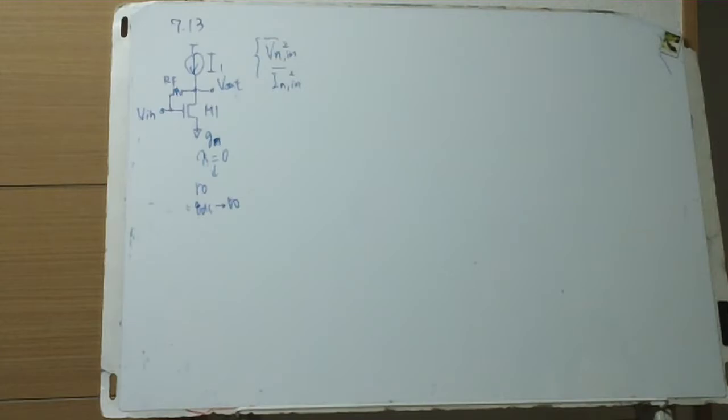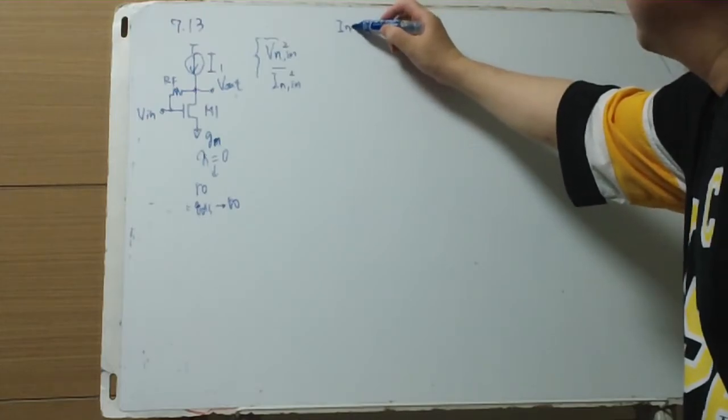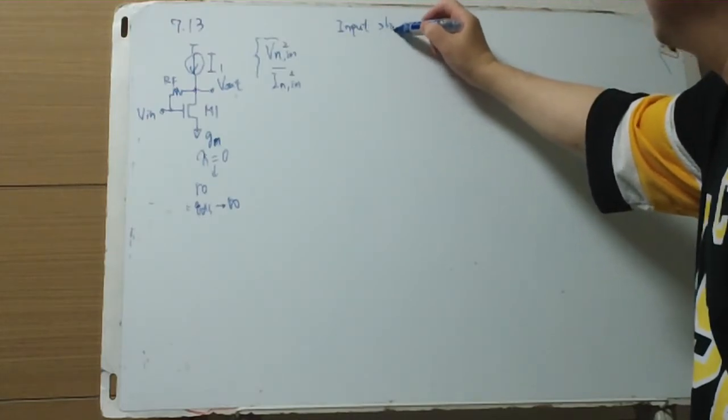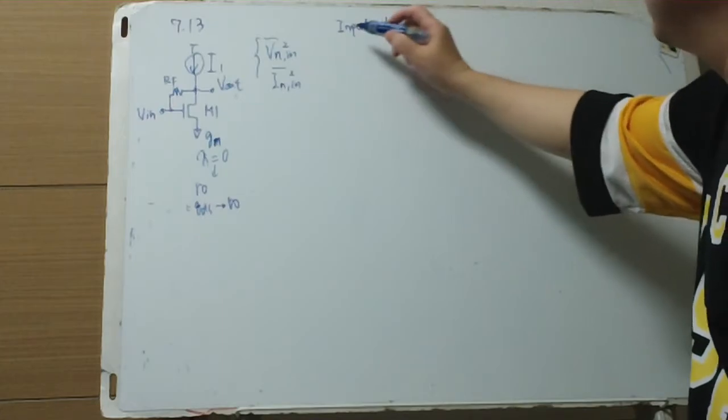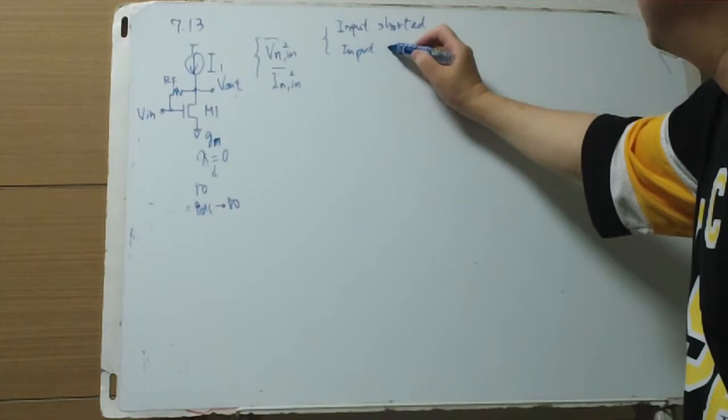In this textbook, there's already one solution utilizing one of its represented procedures. There are two procedures using two extreme cases. One is input shorted. The other is input opened.